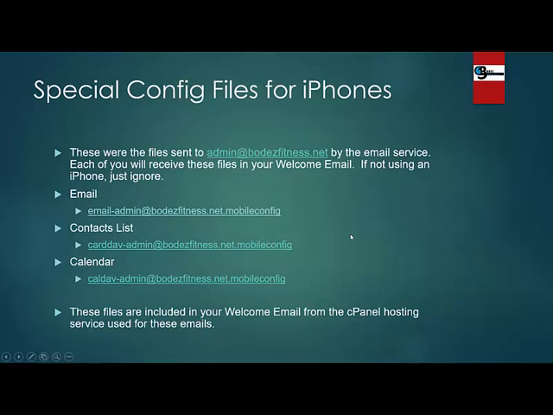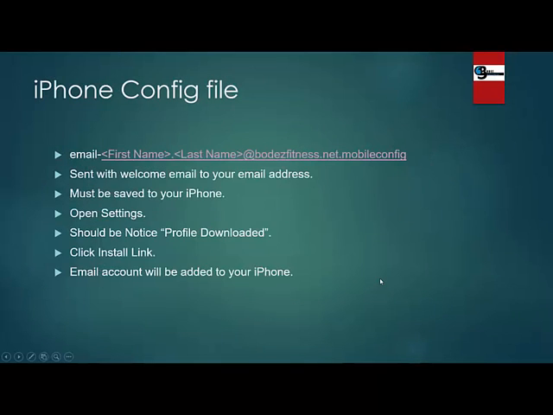You'll open settings, and you should notice at that point that in your iPhone settings, it'll say profile downloaded. You'll then want to click the install link near the profile downloaded, and your email account will be added to your phone. And you can do the same thing with your calendar and your address list, your contacts list.